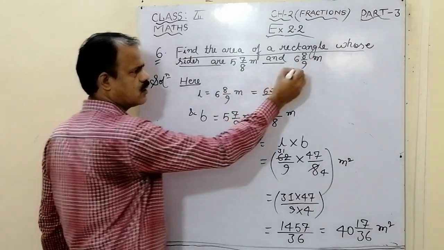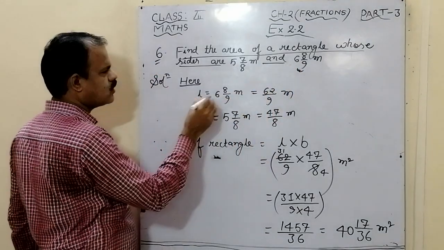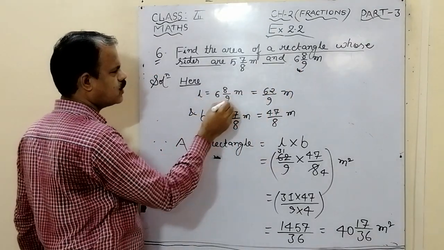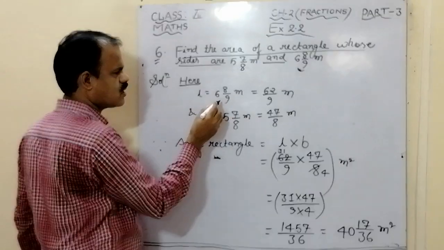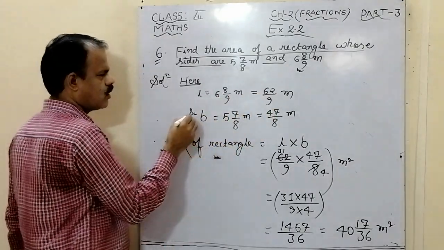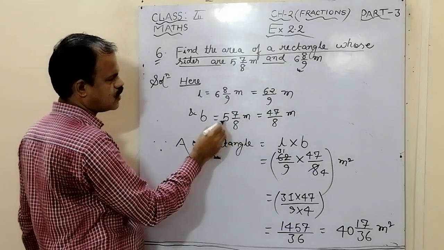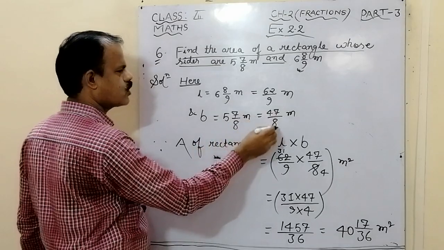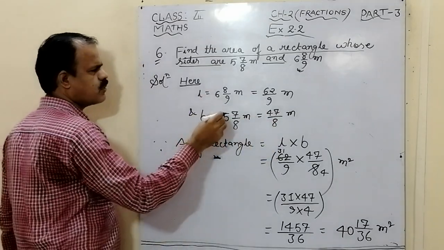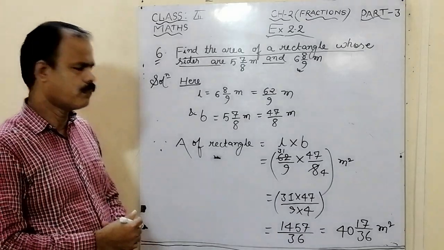Which is bigger? This number is bigger. So length equals 6 whole 8 by 9 meter, that is 9 sixes are 54 plus 8, 62 by 9. Now breadth equals 5 whole 7 by 8, that is 8 fives are 40 plus 7, 47 by 8. We change the mixed fractions into improper fractions, both length and breadth.